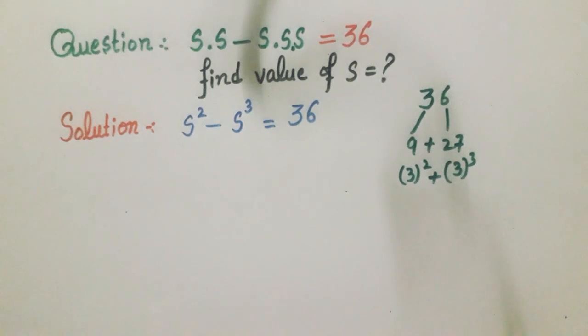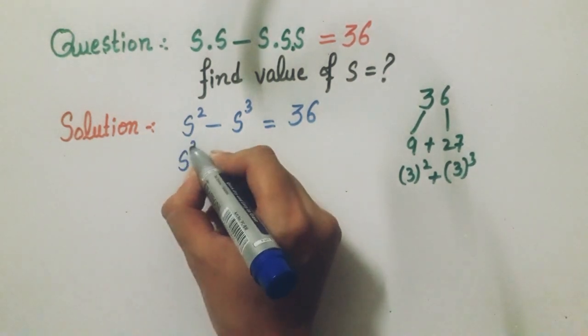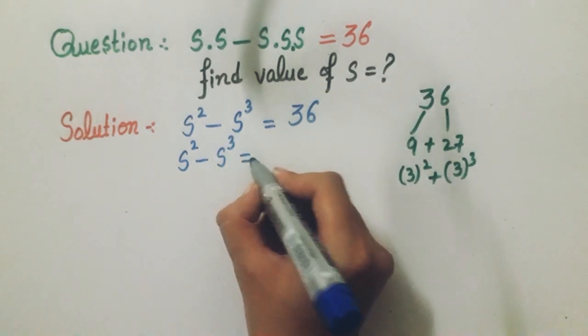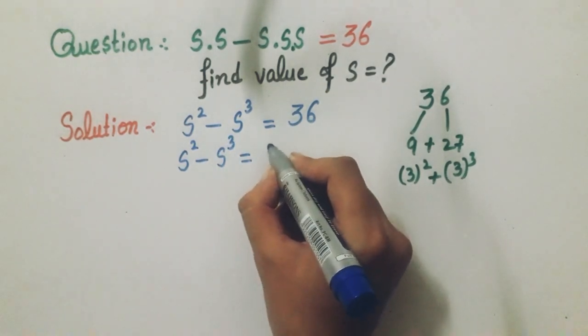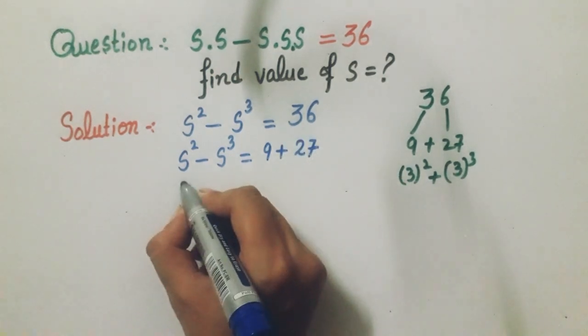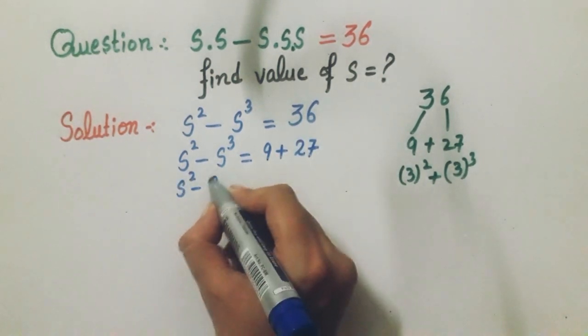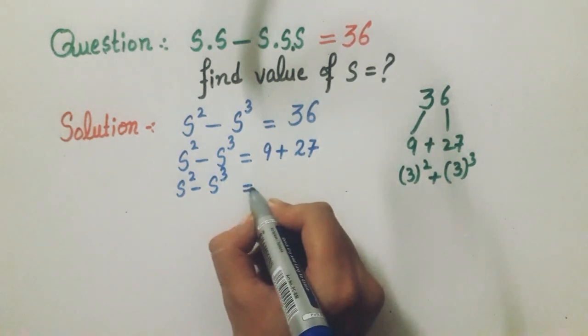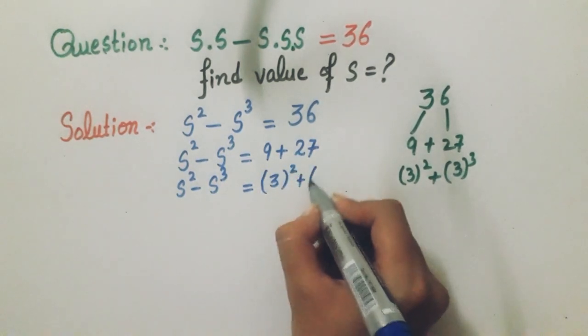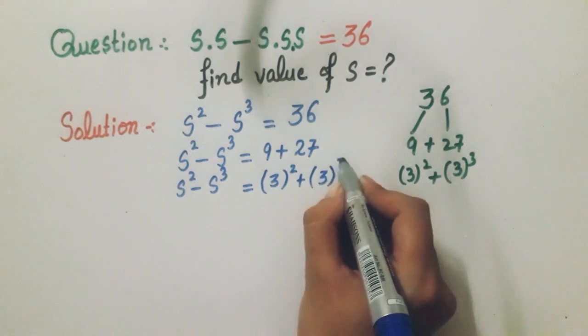So I will write this as s squared minus s cubed equals 9 plus 27. Then this will become s squared minus s cubed equals 9, the square of 3, and 27, the cube of 3.